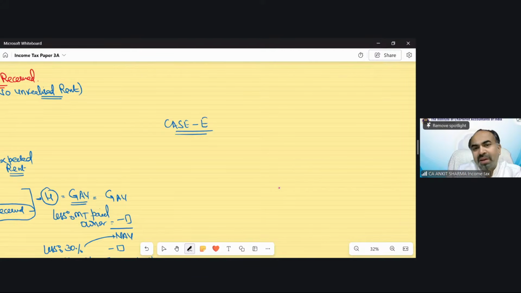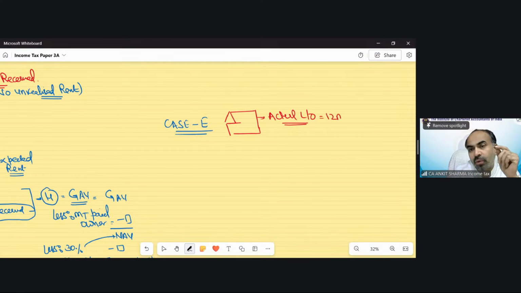So case number E is a case when suppose there is a house which is actual let out. This is similar to D. What is the difference? But there is a difference. Actual let out for 12 months, but some unrealized rent is there.